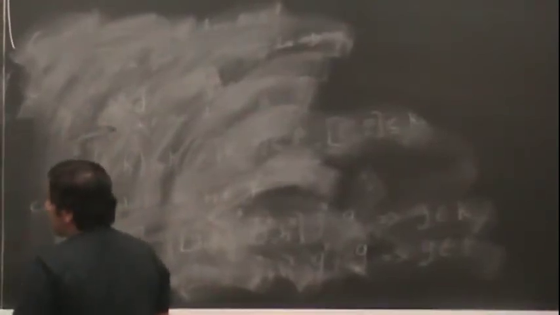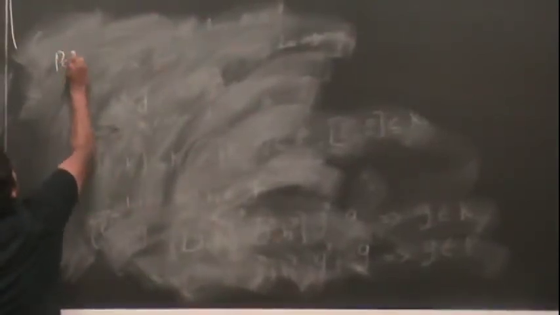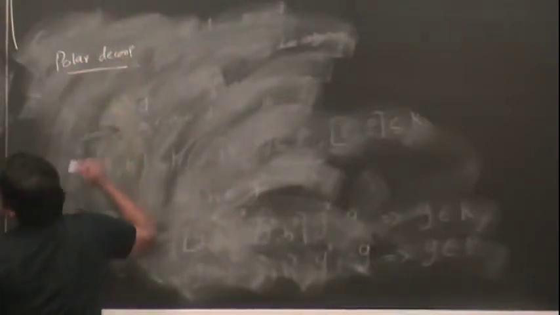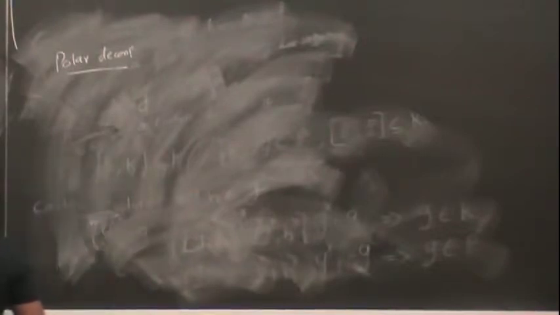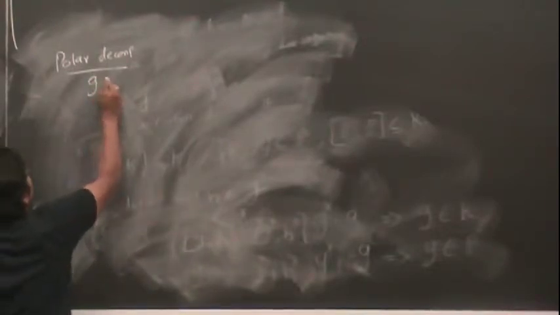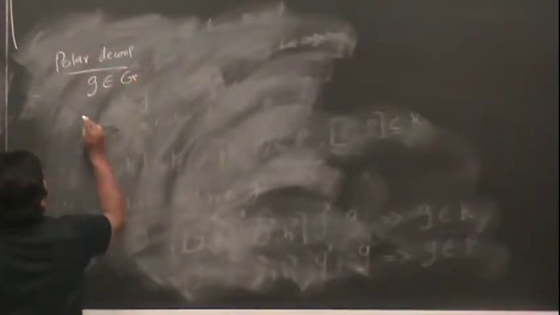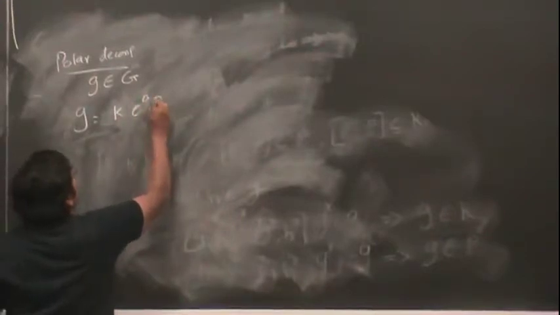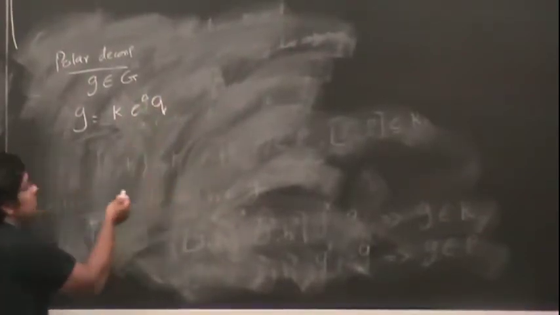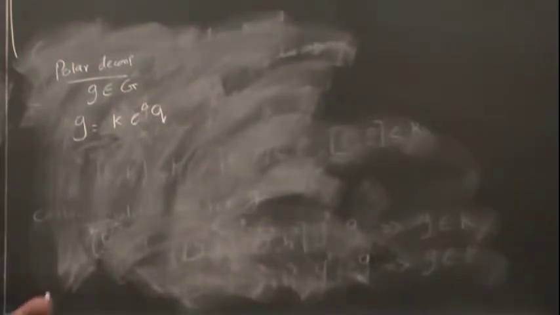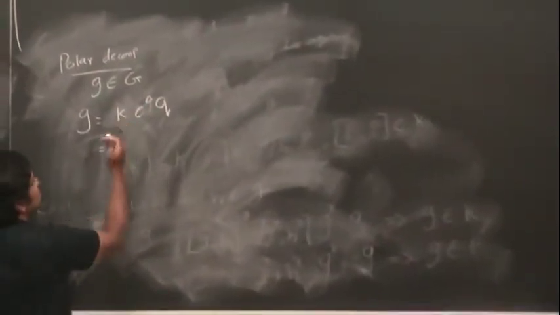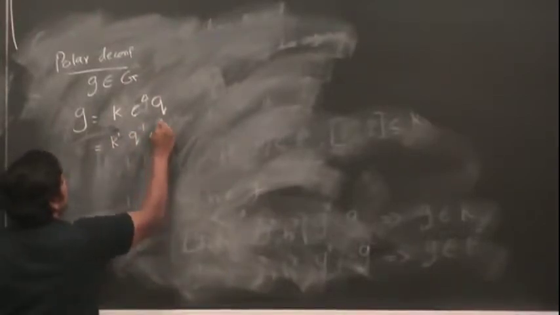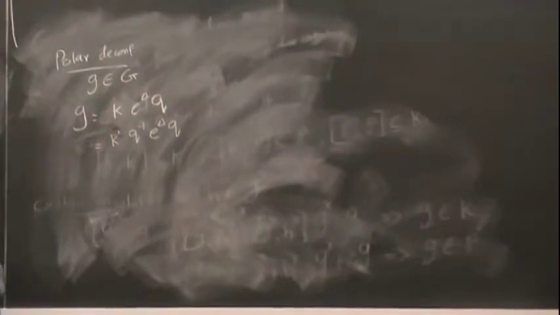Now what we have is the polar decomposition. So we can start with this. Any element in G, we know that we can write as K e to the delta Q. This is what we learned as the KAK decomposition. So now you can write this as some K prime Q inverse e to the delta Q. You can always write that.